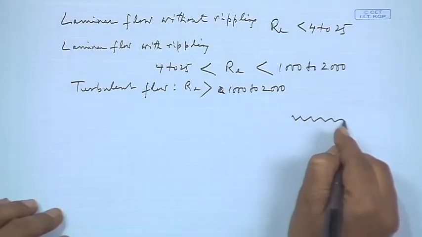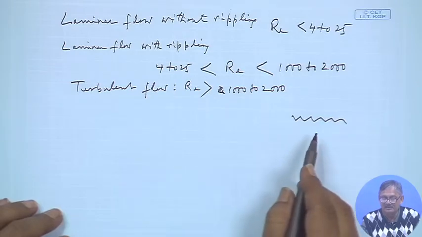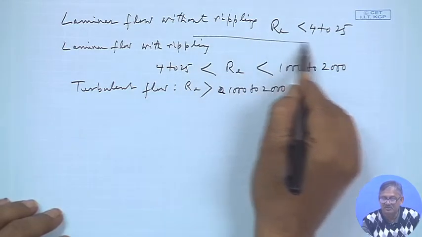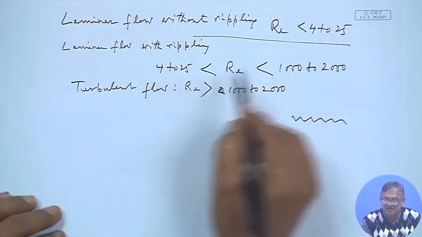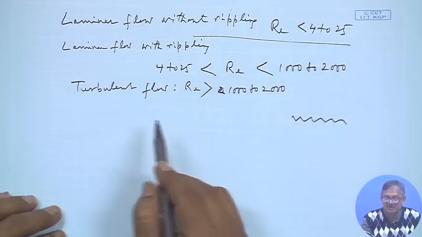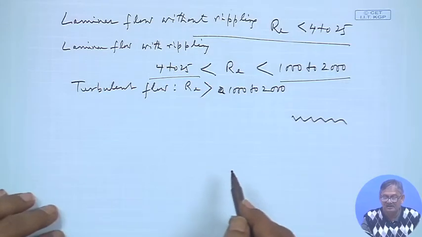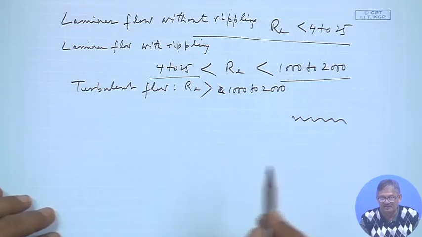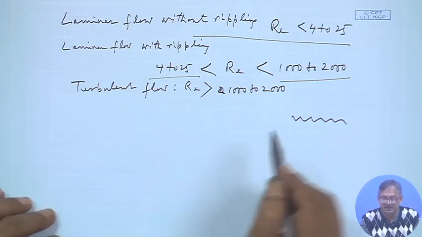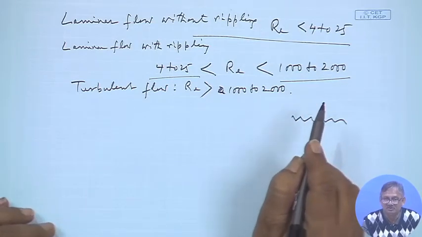So without rippling it is between 4 to 25; with rippling it is between 4 to 25 and 1000 to 2000; and beyond that, it is turbulent flow.